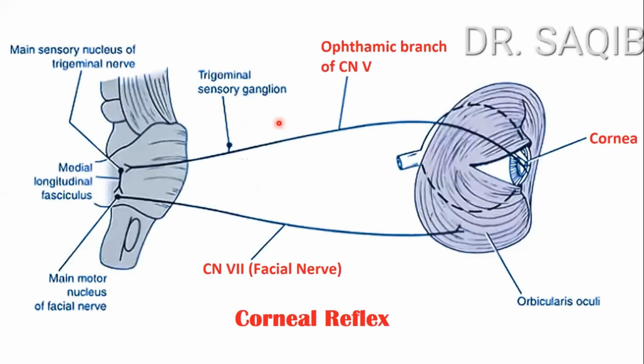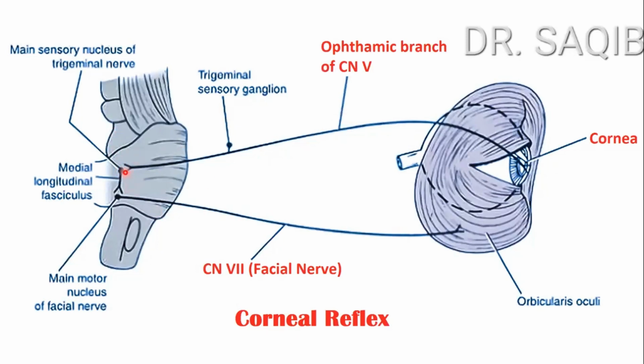Here you could see this. This is a cornea, slightly touched. You could see this area. And this is the afferent impulse going via the ophthalmic branch of the trigeminal nerve. This is the trigeminal sensory ganglion, okay? And going to the main sensory nucleus of the trigeminal nerve lying in the pons.